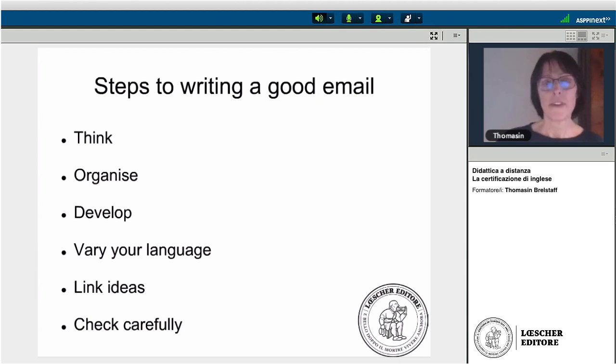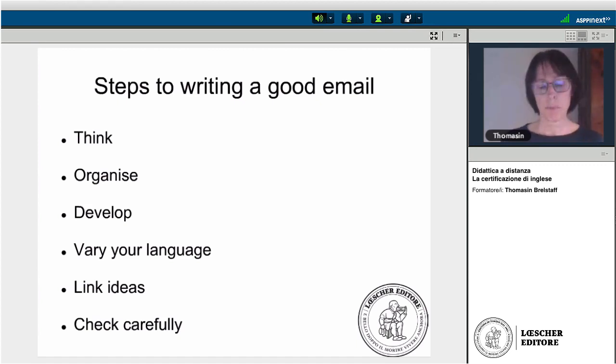Next, vary your language. So here we're looking at using a variety of language, possibly a wider variety. And then we come on to looking at linking ideas together. And finally, we'll have a look at checking work, what to check work for.